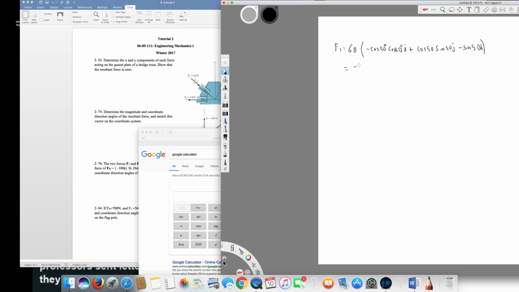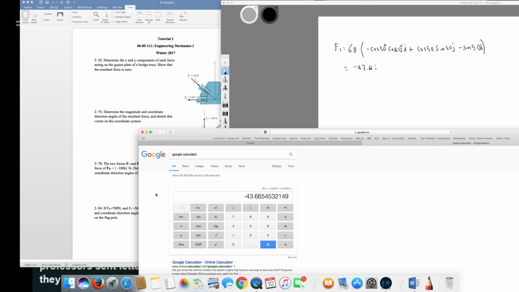Let's write that one down. So negative 43.66 I plus, let's calculate the next value, 60 times cos 50 sine 30. Cos 50 sine 30 is going to give me 54 point.